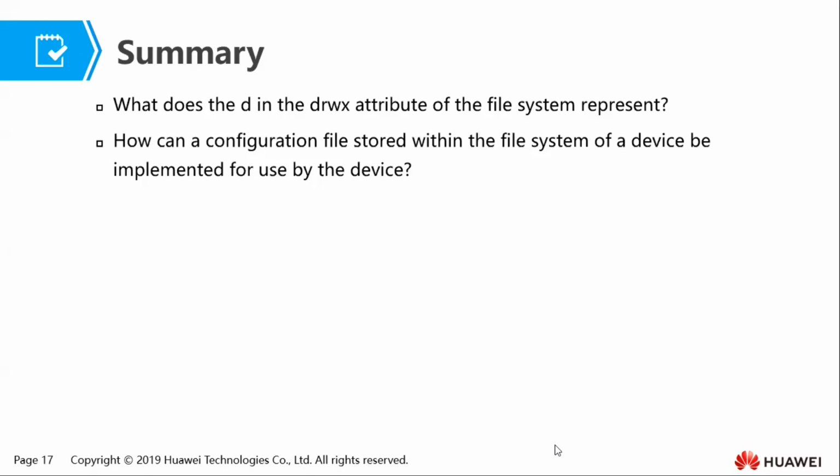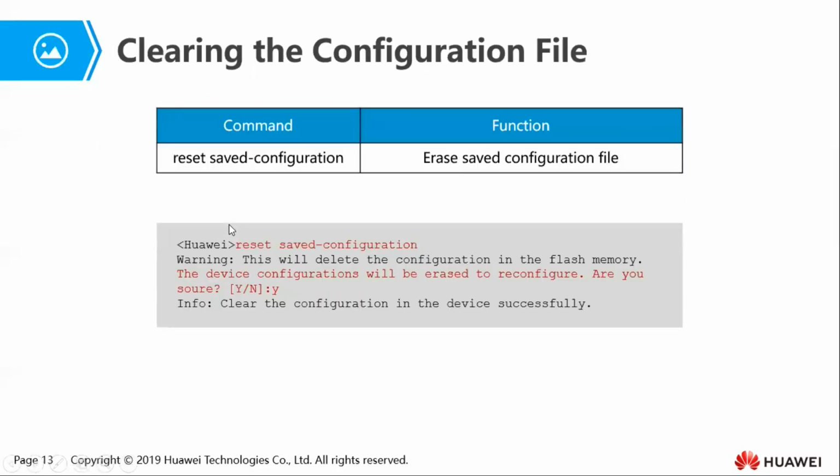The next one, Moroa. How can a configuration file stored within the file system of a device be implemented for use by the device? So which command do we use for that? Maybe someone else can assist. I know this one might not be very easy to remember.